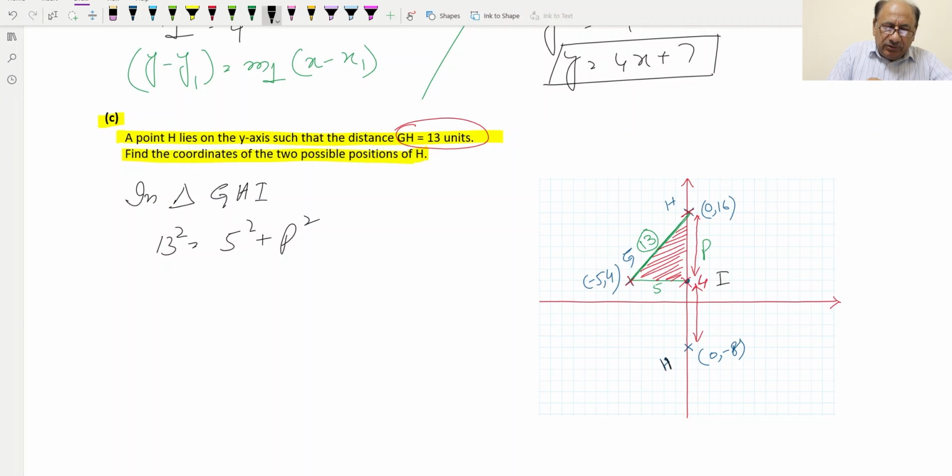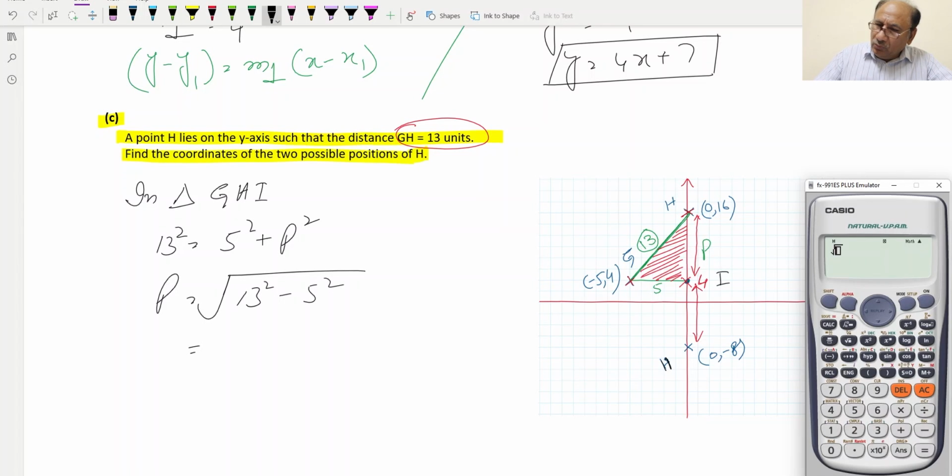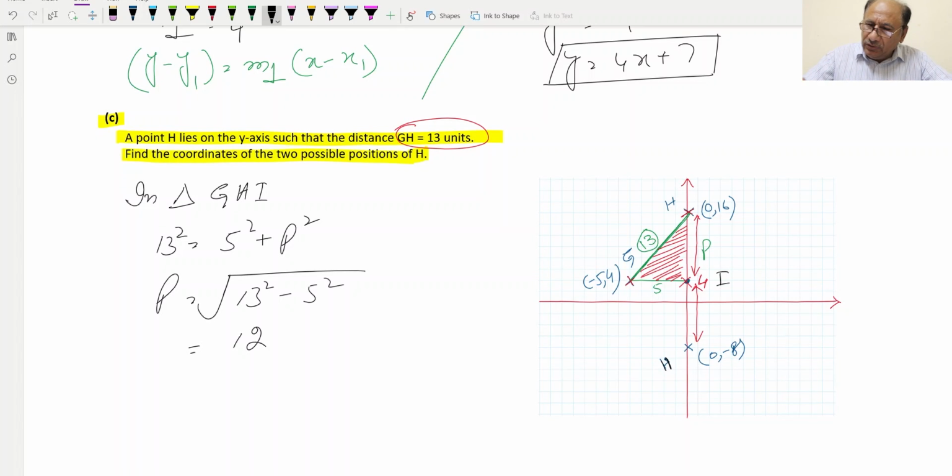So p will be equal to the square root of 13 squared minus 5 squared, and this will be equal to 12. So p should be 12 units.